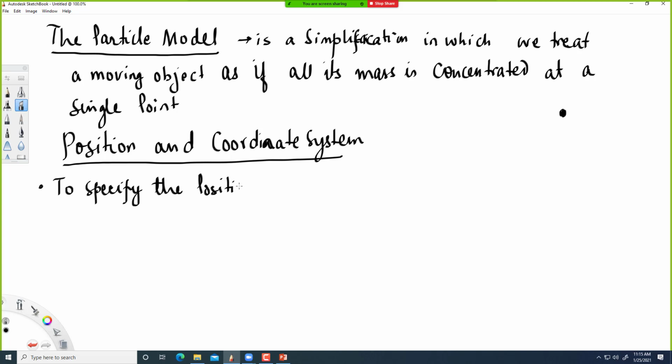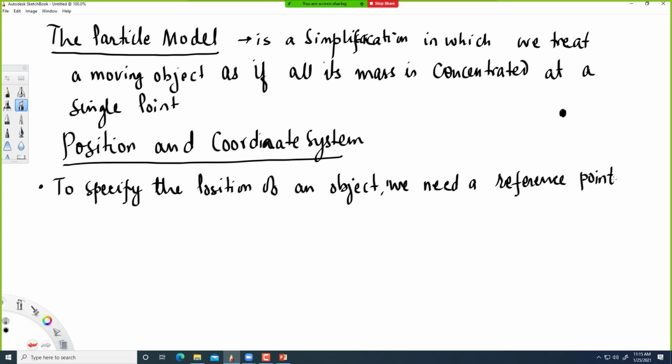To specify the position of an object, we need a reference point. And when we represent the object's position, we represent that on a number line. It's just like in math, where you have a line representing a bunch of numbers, starting from 0, 1, 2, 3, 4, like that.